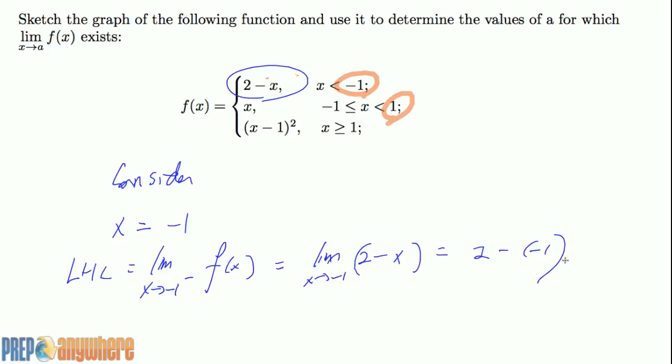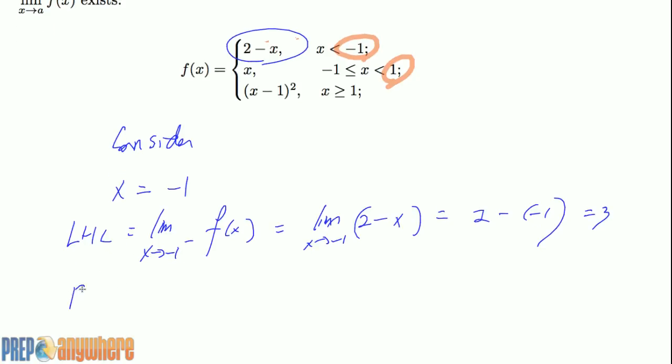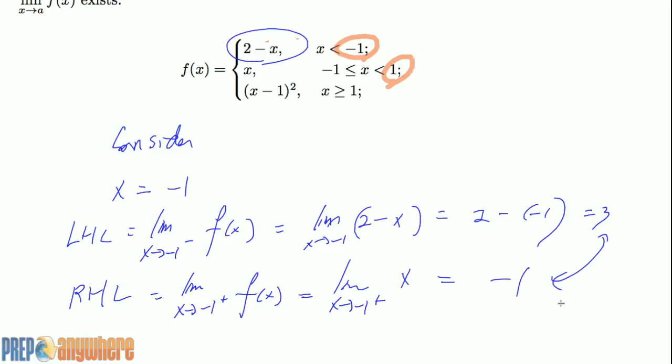You should put delta there, but it's not necessary because it's not going to have any effect. So it's equal to 3. That's the left hand limit. Right hand limit, so it better be 3 also, otherwise the limit does not exist. And this time we have to take x, and it's going to equal -1. Different, right? So the limit as x approaches -1 for the function does not exist.